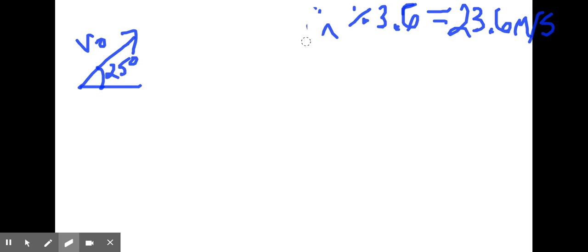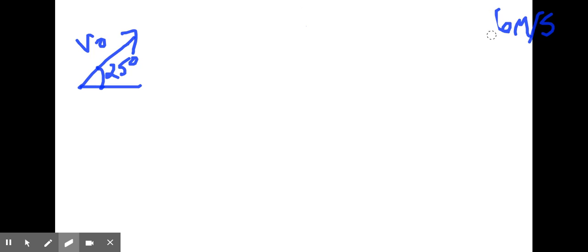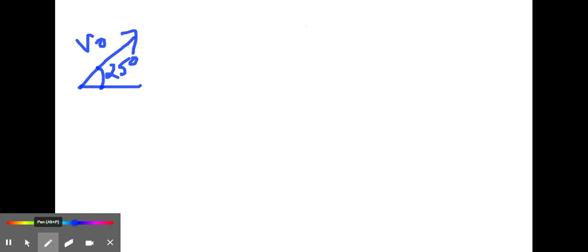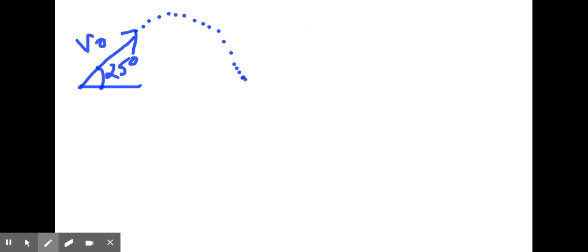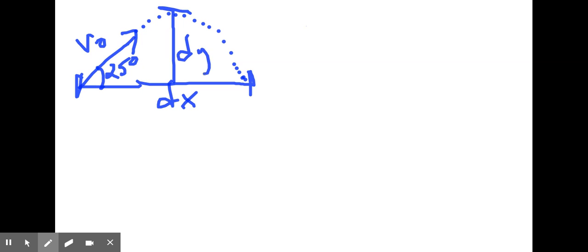What we're looking for is the time this person spends in the air, how far forward in the x direction they travel, and how high Captain Kirk gets in his flight. Let me draw a path of travel here. We've got some x direction, dx, and some y max height, dy.